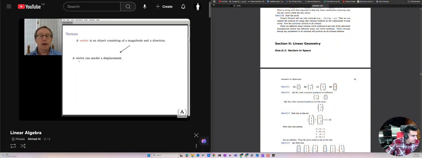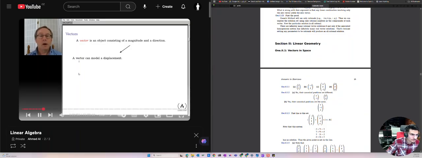In this case, for example, you might be going to the left by 1 and down by one.